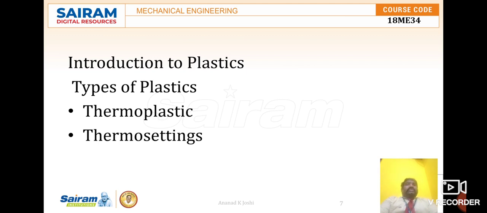Okay, so what are the types of plastics? In general, we categorize them based on structure, that is, thermoplastics and thermosettings. So we'll discuss what is meant by thermoplastics and thermosettings.